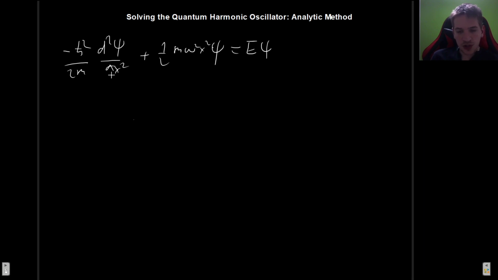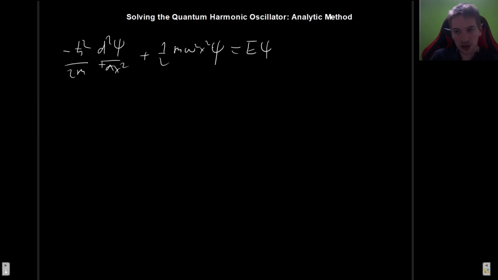Seeing this just as a normal differential equation, what we would like to do is get to some form of d squared psi dx squared equal to something proportional to psi, and then maybe apply a power series solution or see if it looks in any way suggestive. So that is our first goal.